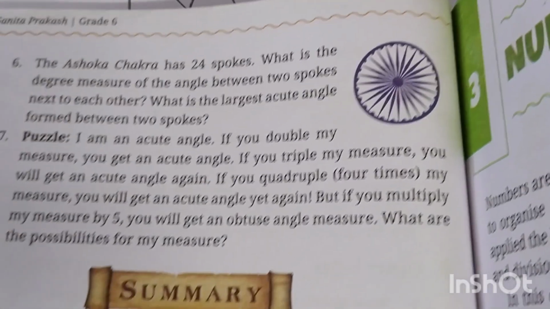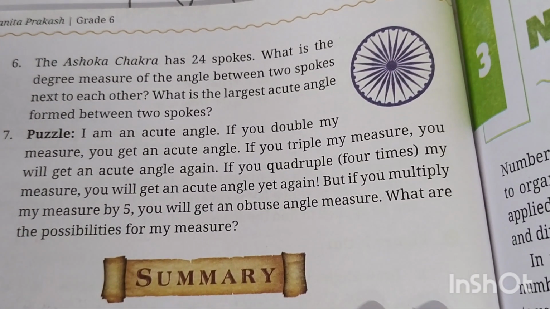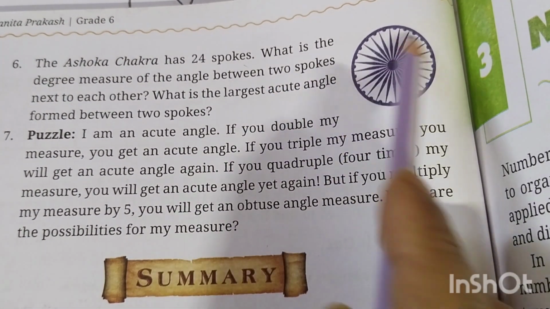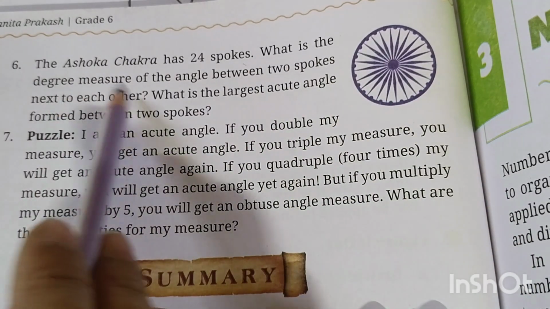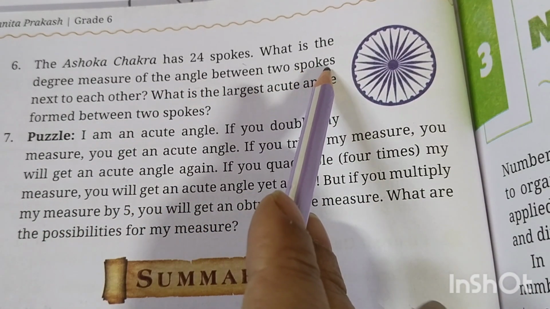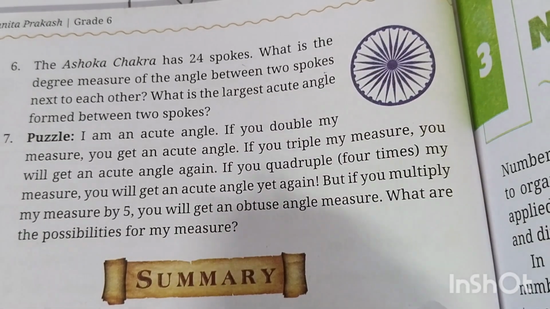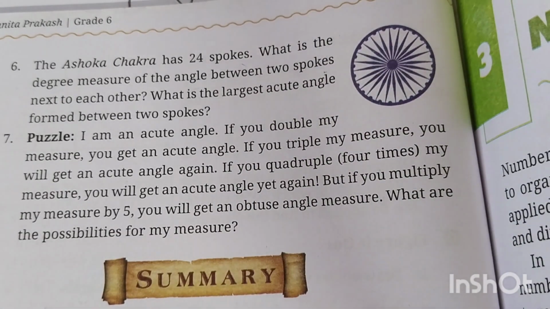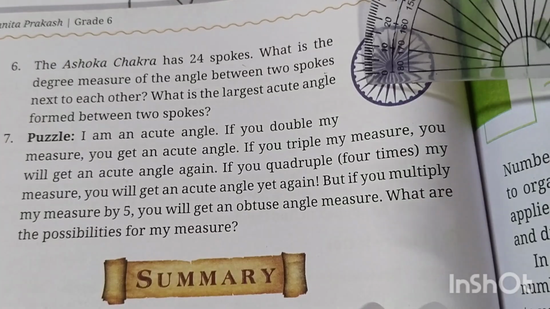I am explaining the question. The Ashoka Chakra has 24 spokes. What is the degree measure of the angle between two spokes? I already measured this. I can do one for you.